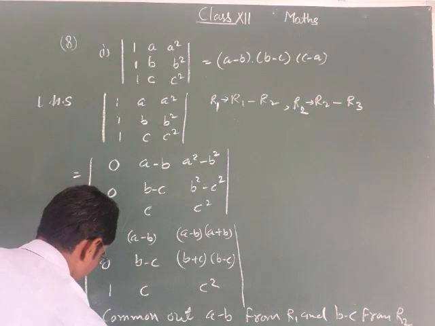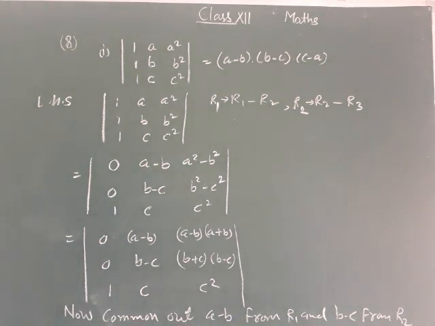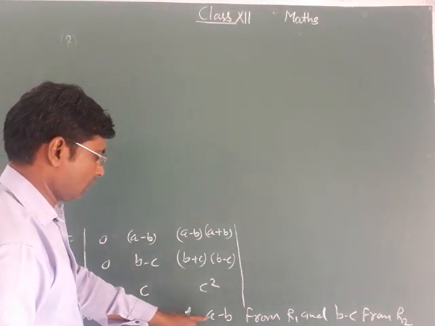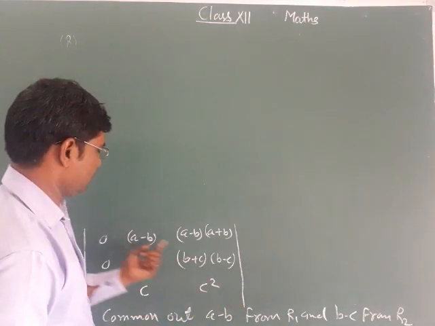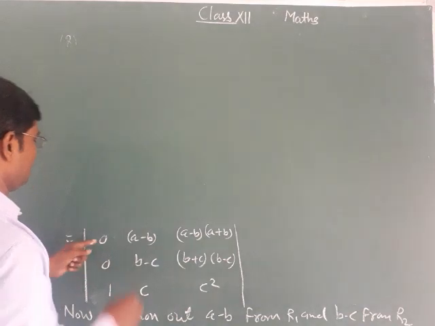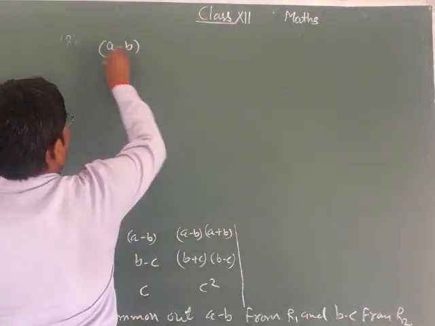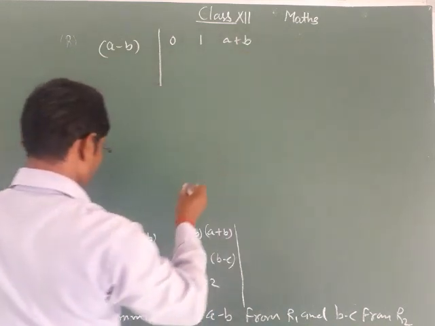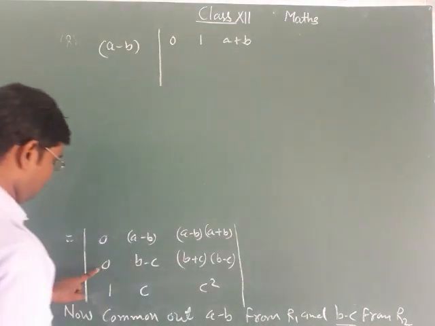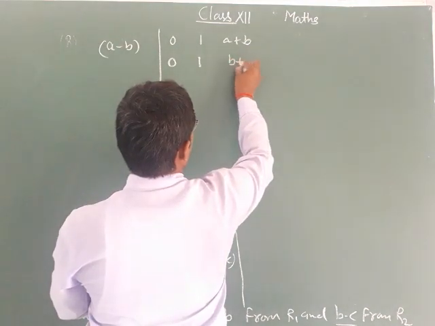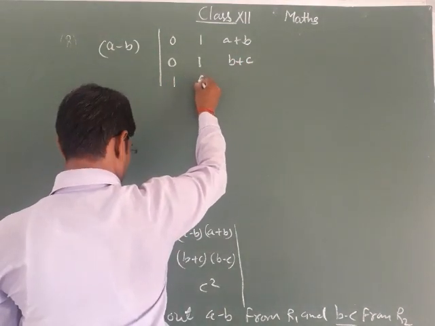We get: common out a minus b from R1, so R1 is 0, 1, a plus b, and common out b minus c from R2, so 0, 1, b plus c, and R3 is 1, c, c square.